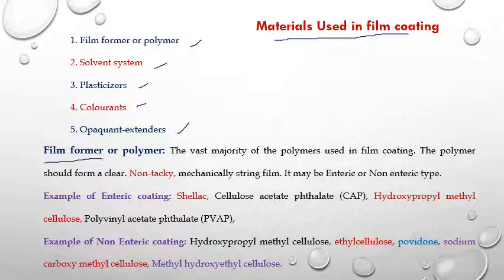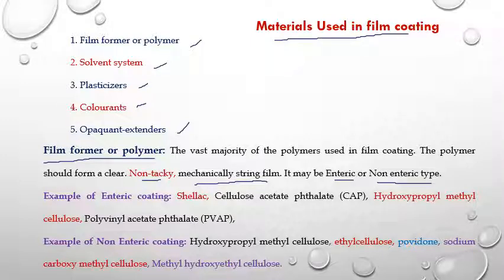First is a film former or a polymer. The vast majority of the polymers are used in film coating. The polymer should form a clear, non-tacky, mechanically strong film. It may be enteric or non-enteric type.